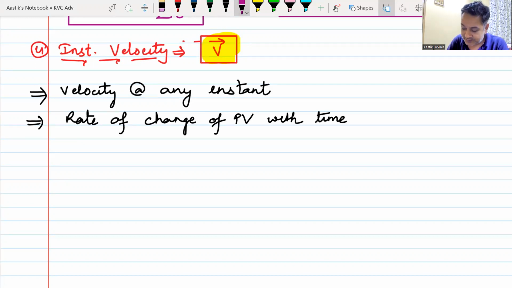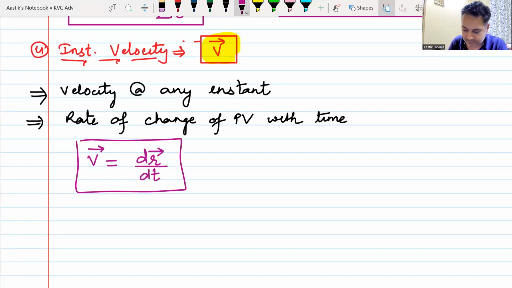So now I can write the formula. V vector will be dr vector by dt. Do we understand this? Yes, sir.